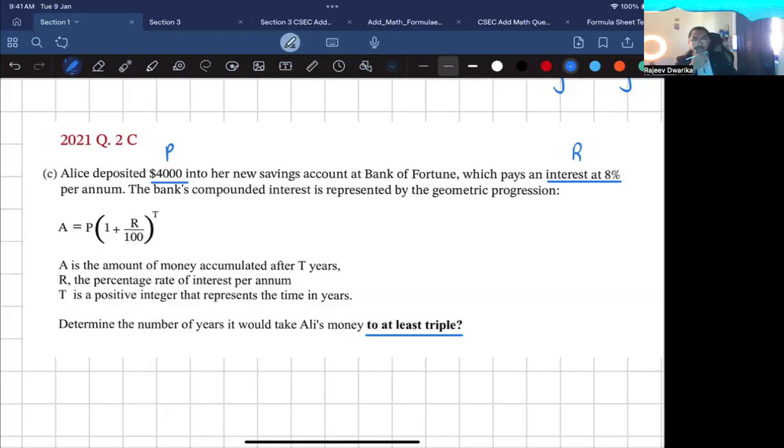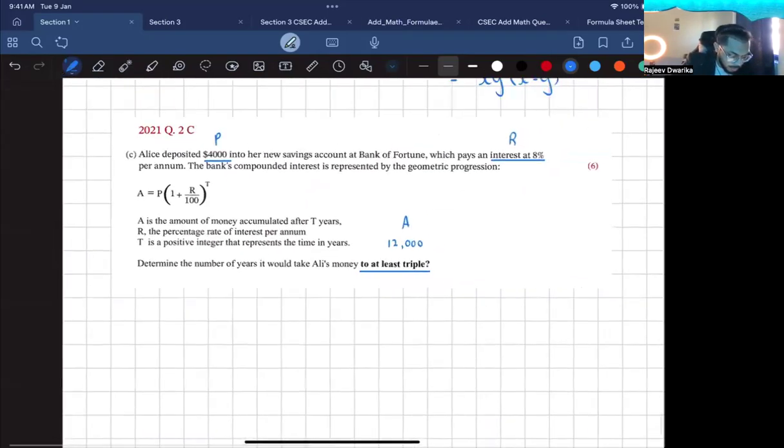Correct. So what is at least triple of 4,000? 12,000. And what would we want 12,000 to be? That would be A, P, R, or T. That would be A. All right, so let's plug in everything now.